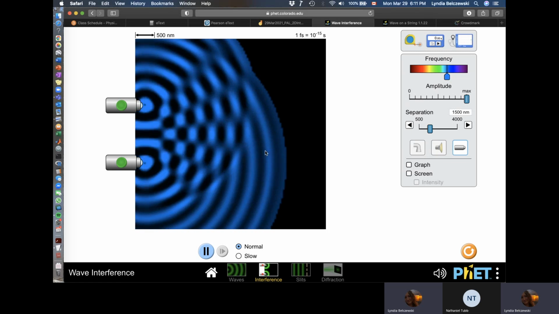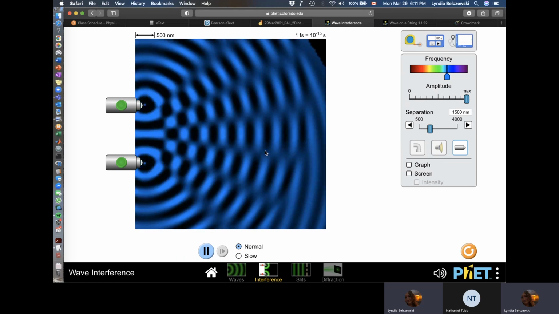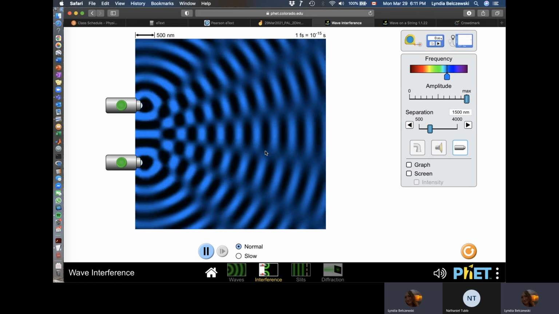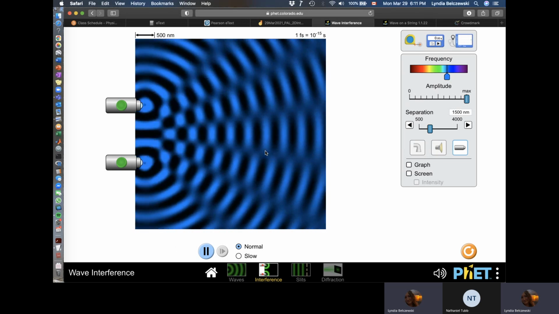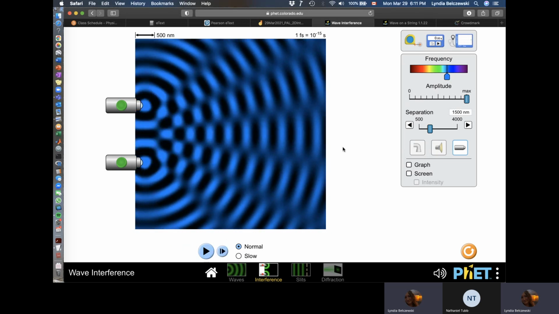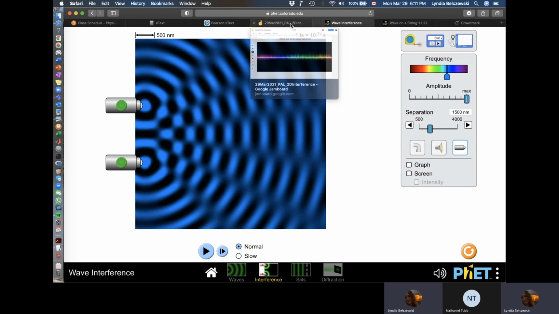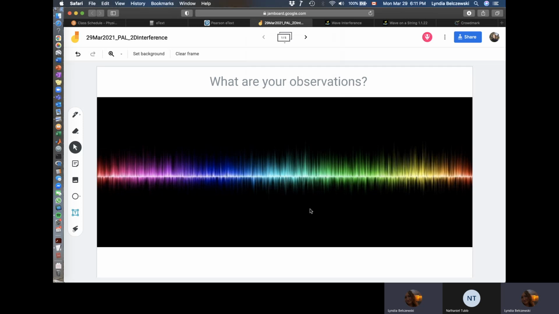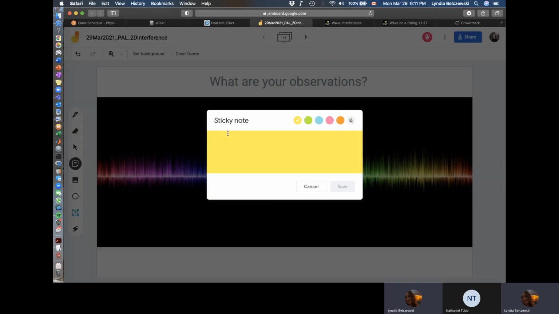So what I want you to do is take 5 or 6 minutes. Maybe if anyone else joins us while we're working on here, I'll give you a bit more time, and just play around with it. Play around with the different settings, different mediums if you want to. And as you're going through it, on this first slide of the Jamboard, just click the sticky note button and add some observations, some notes, some things that you notice, and we can talk about them after.